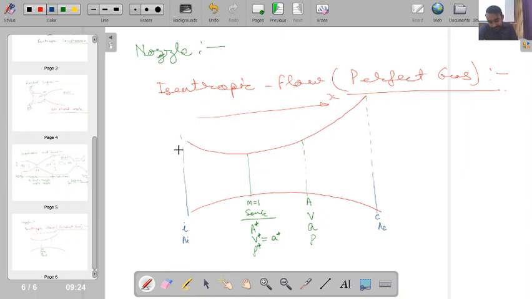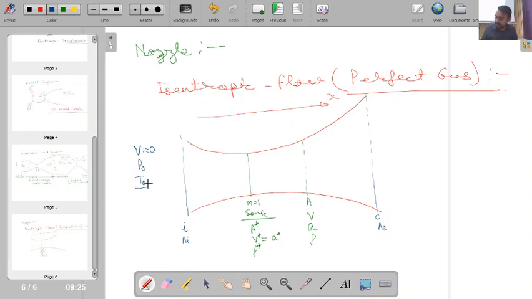Now when I have this nozzle, at the inlet of the nozzle, what will be happening? Inlet of the nozzle is actually coming from the atmosphere, and once again the atmosphere I can consider as a large reservoir. So at this point I can assume that velocity is nearly equal to 0, and then I can say that my pressure and temperature are denoted by P0 and T0.